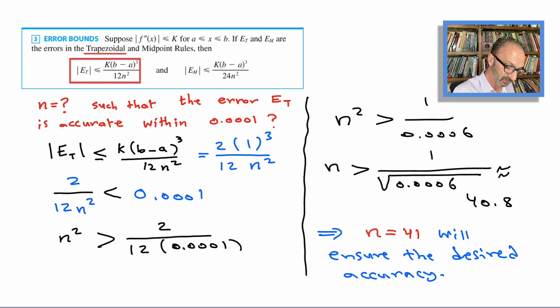We need greater than 40.8, and 41 will do. Of course, if you think about it, take n equals 1,000, 2,000, 1 million, for sure, but we want to see which n will put you in the borderline of 0.0001 accuracy. So 41 will do. Anything higher than 41, of course, will do that too. But the 41 is the start.